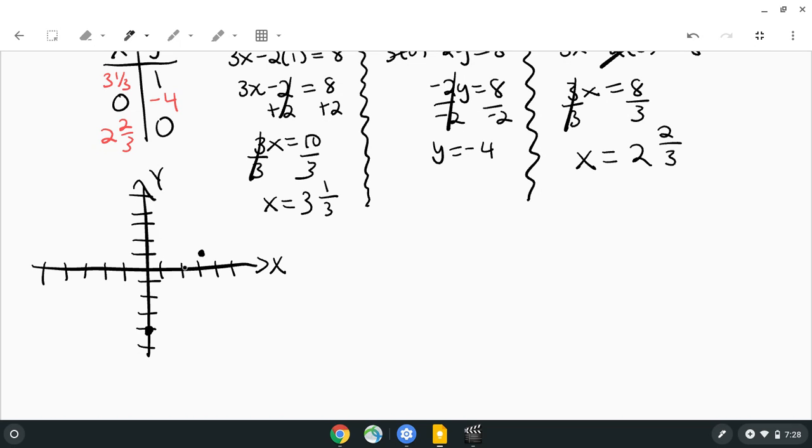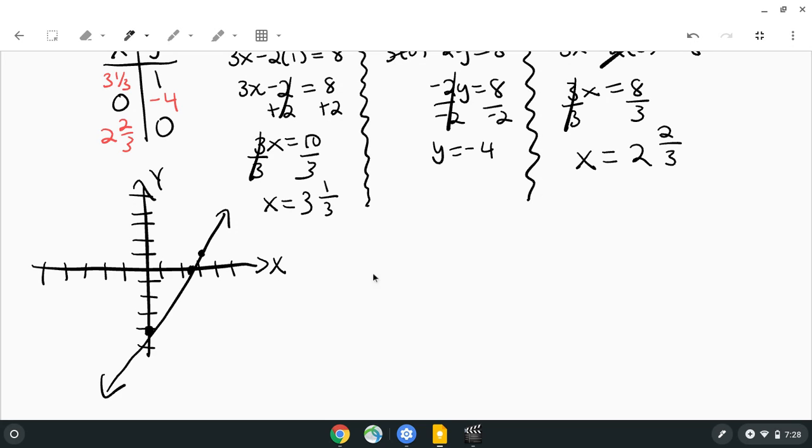So 2 and 2/3 is somewhere in between here, between 2 and 3, but closer to 3. Okay. So like right around there. And 0. So right there. And we see that all 3 points do line up. So I'm pretty confident this was done correctly.